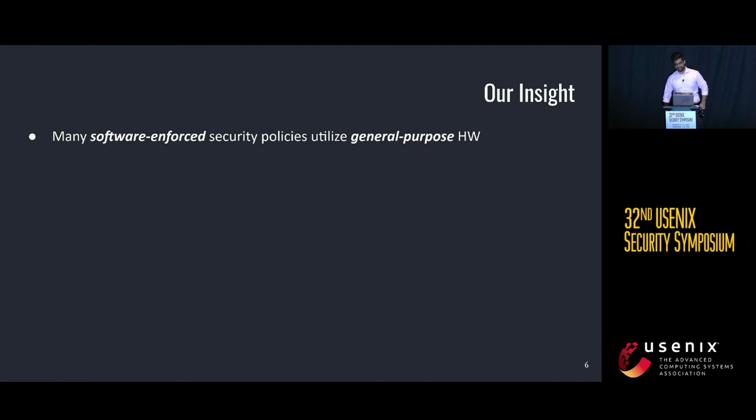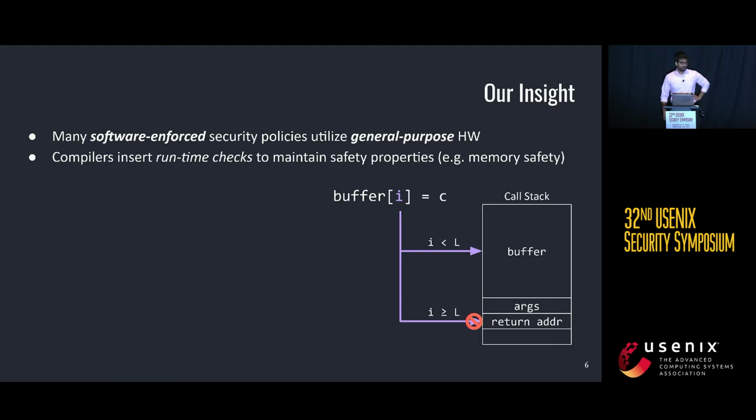So we observe that software-enforced security policies maintain their properties using general-purpose hardware. And we'll look specifically at compilers that inject runtime checks. As mentioned in the talk previous to this, the Rust compiler would inject bounds checks prior to a buffer dereference.